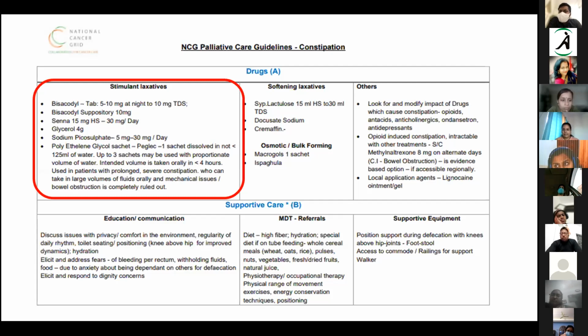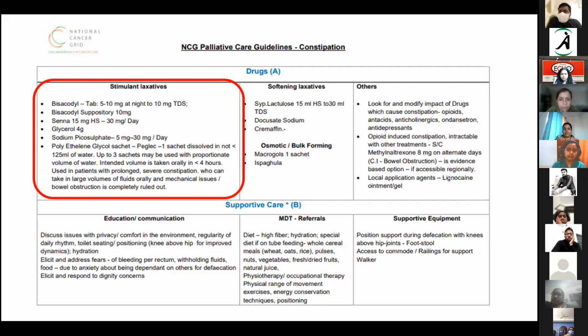Now, we've heard of PEGLAC. A lot of patients who need bowel preparation before a colonoscopy are asked to drink PEGLAC. Such a solution is also available for patients who have severe constipation not getting resolved with other stimulant laxatives, and it can provide good relief of constipation in these patients, provided we rule out any mechanical or bowel obstruction, and it should not be prescribed in those cases.